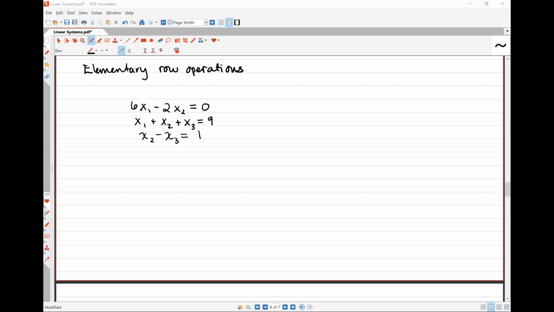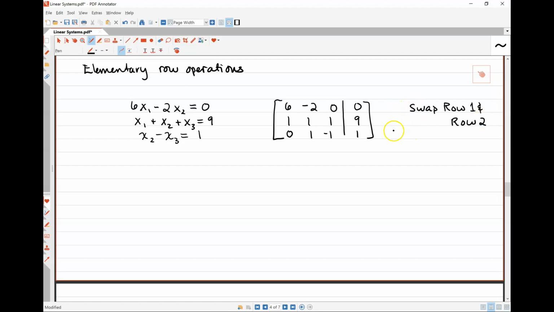So let me show you some of these by way of example. I'll start by writing down the augmented matrix for this system of linear equations. The simplest elementary row operation is one where you just swap two of the rows. That's denoted by writing R1, a double-headed arrow, and then R2.